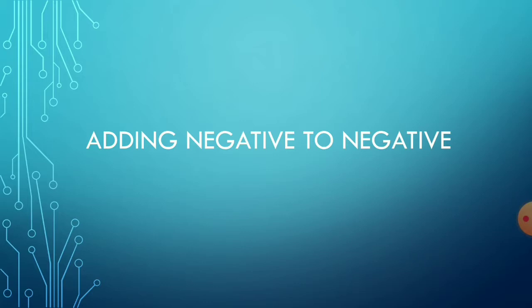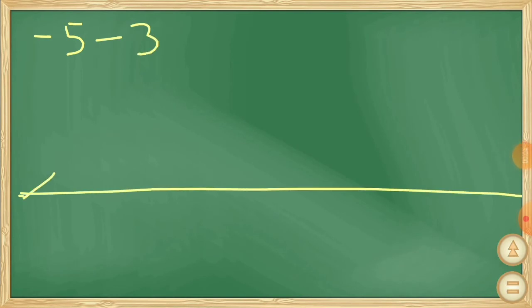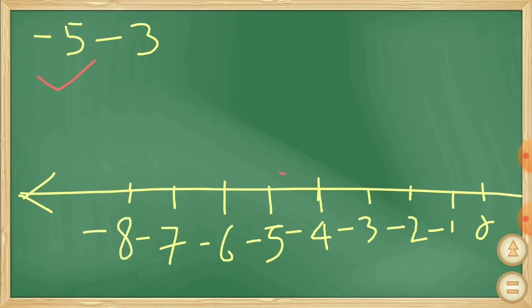Next, moving on, adding two negative numbers. So when adding two negative numbers, again we draw a number line. This time we draw it towards the negative side only and mark it up as far as we can. So 0, negative 1, negative 2, negative 3, negative 4, negative 5, negative 6, negative 7 and negative 8.